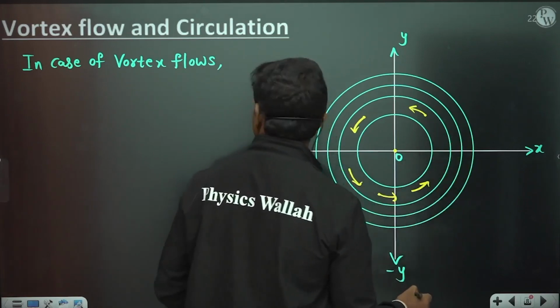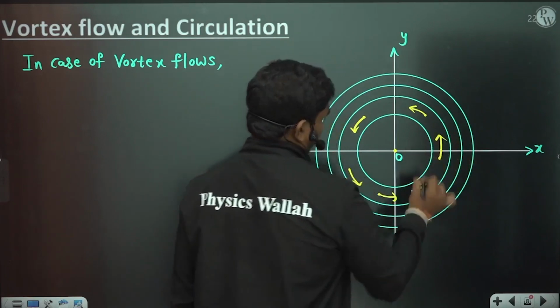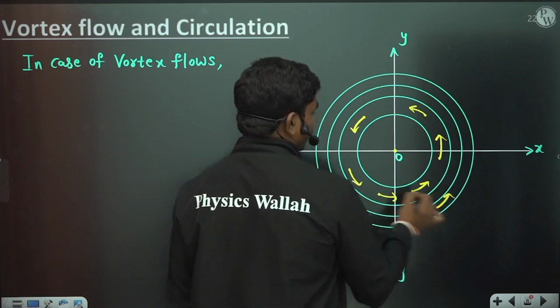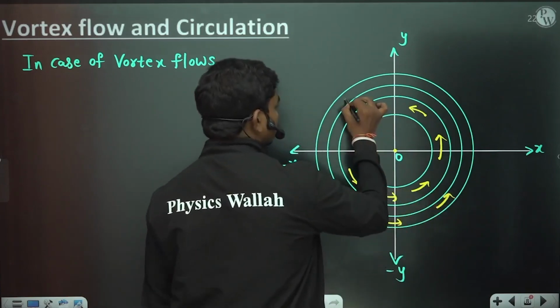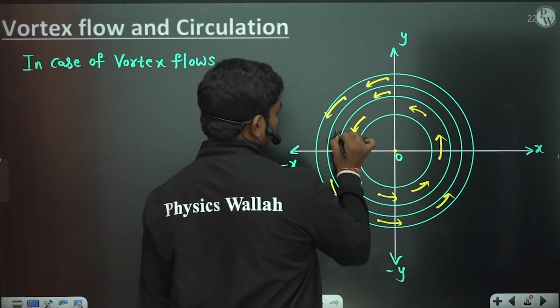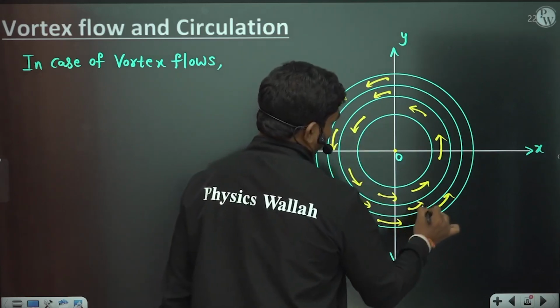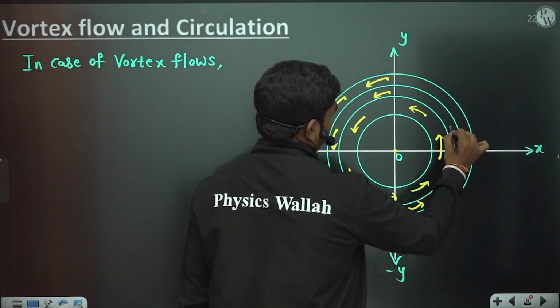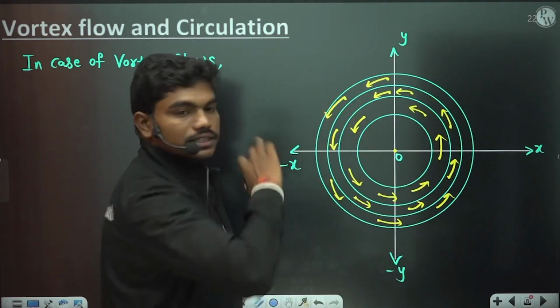So we are talking about free vortex flows. Similarly, at any section you have the flow of particles like this in different directions. Similarly, you have some particles which are revolving.